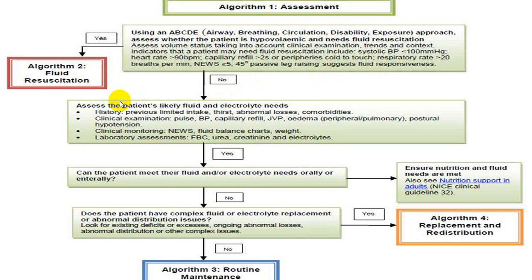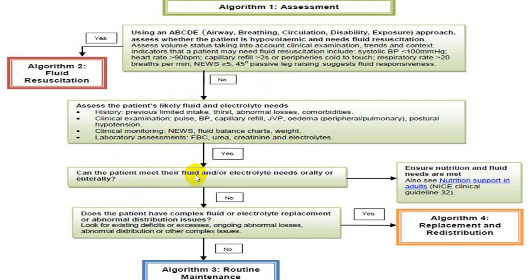And for that resuscitation, you need history, clinical examination, then monitoring by NEWS or fluid balance chart or by weight, a simple way, and laboratory parameters like hematocrit value, blood urea, creatinine, electrolytes, etc. And then you decide what he needs.